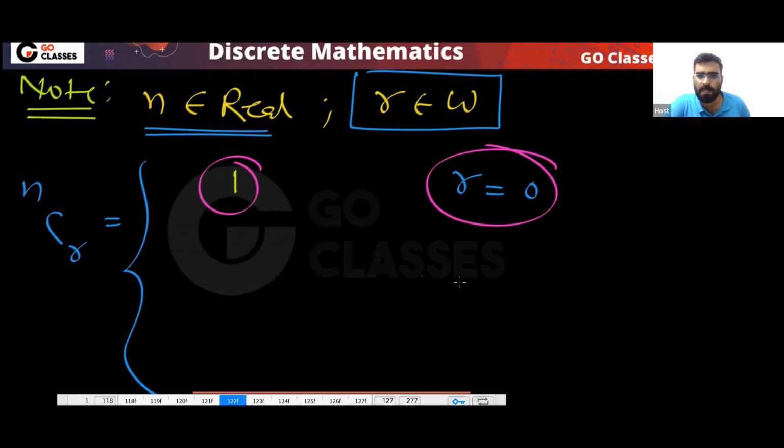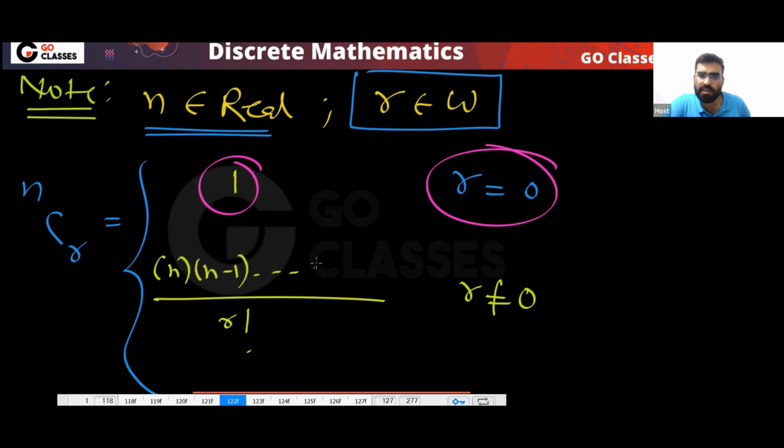No problem here. Now, for the remaining cases, if r is not equal to 0, then what will you do? You will do like this: r factorial in the denominator, and n, n minus 1, and so on, up to n minus r plus 1 in the numerator. This is how you will find it. Is this clear? So you can very easily find, like minus 3 C4.